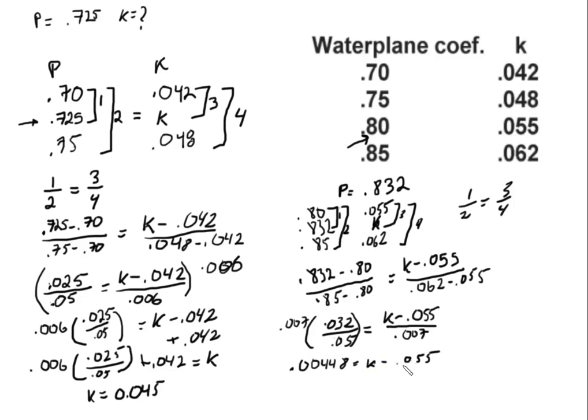Now I've got to get rid of this, so I add 0.055 to both sides. I just add those two numbers together, and you end up with the final answer: K equals 0.0595, which would round up to 0.060. And that's that.